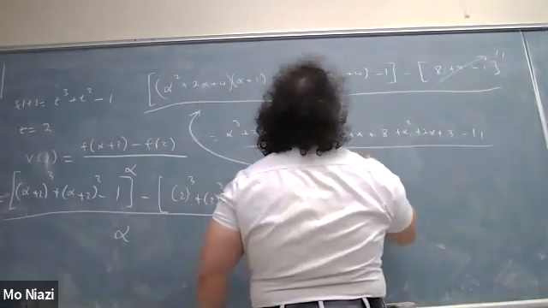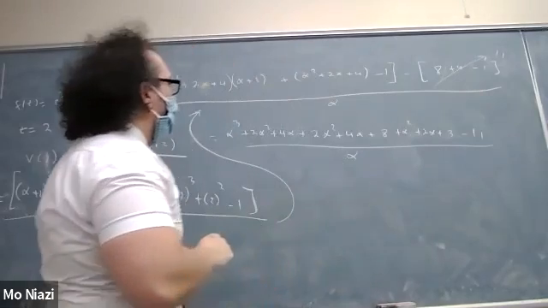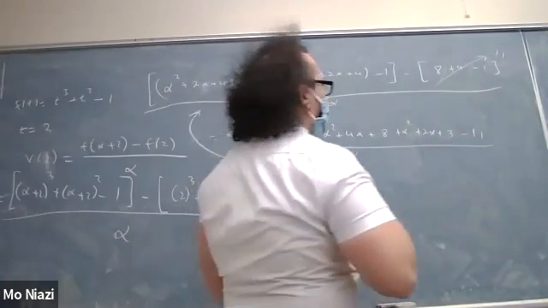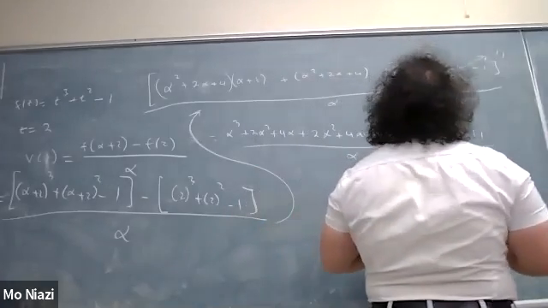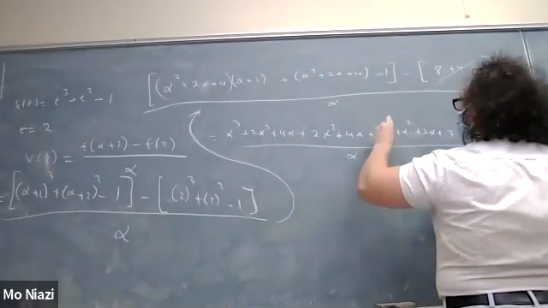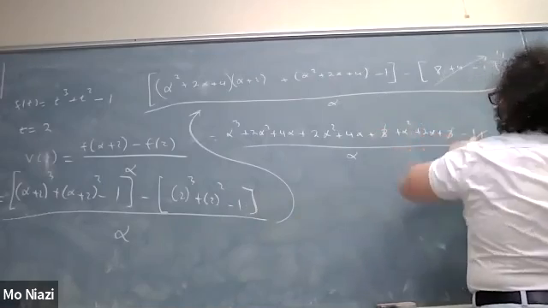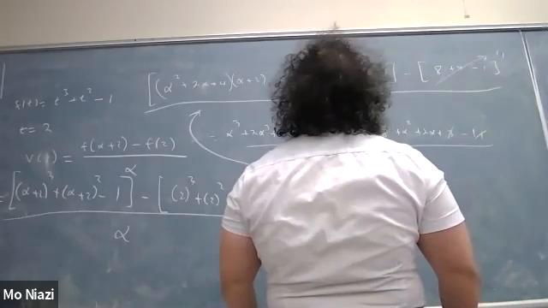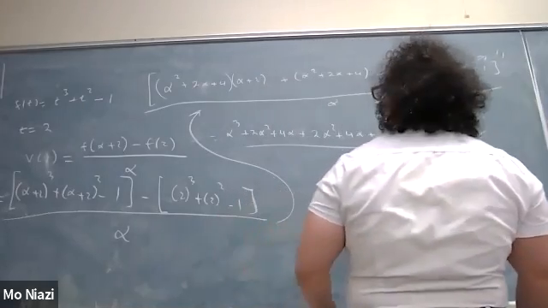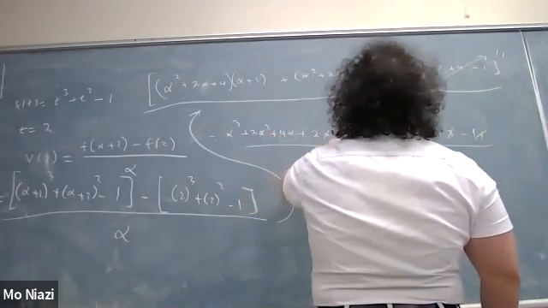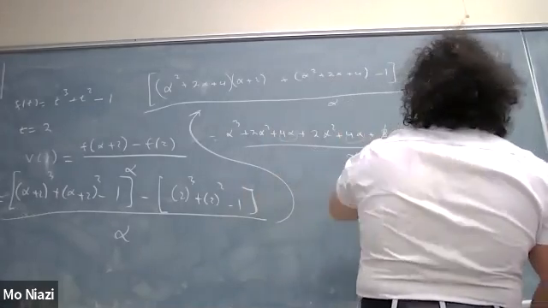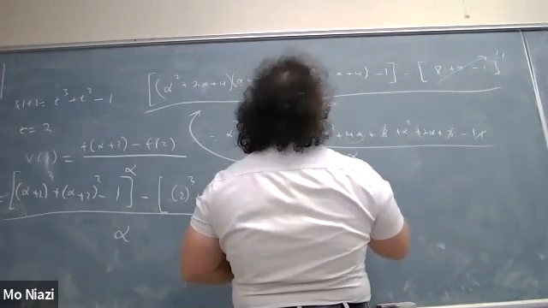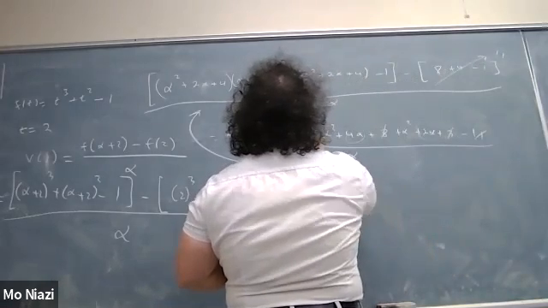Everything all over an alpha. 3 plus 8 is 11. I can cancel out these. I see a 4 alpha here, a 4 alpha here, 2 alpha here. That becomes 4 plus 4 plus 2, which is 10 alpha. So this becomes 10 alpha.